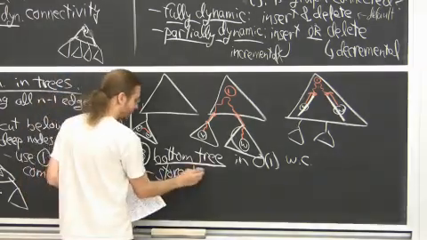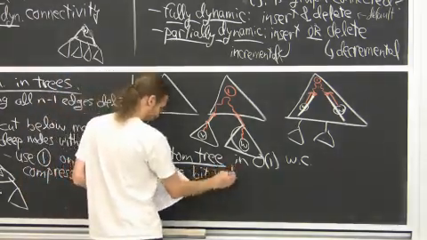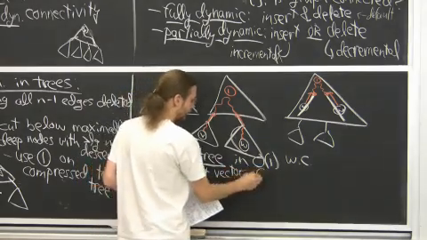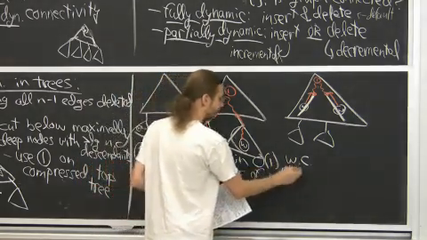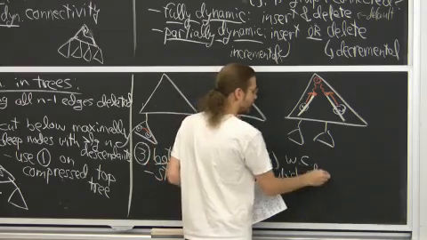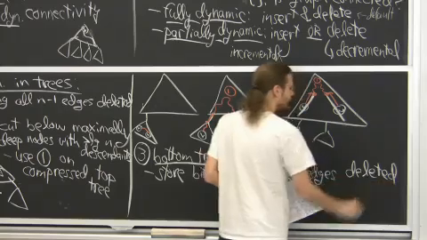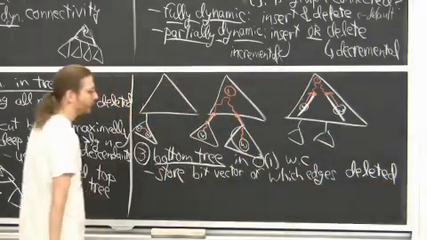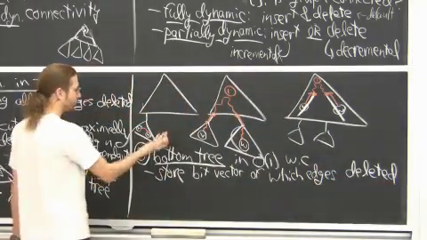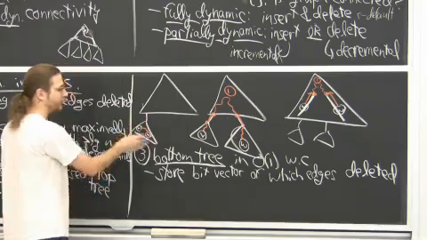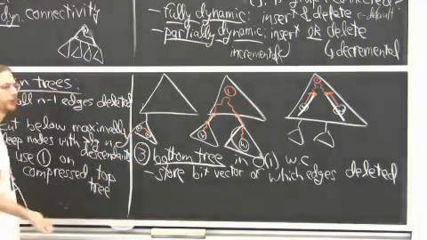And what we'll do is store a bit vector of which edges have been deleted. In what order? I don't really care. Just pick some fixed order on the edges down here, and store the bits in that order.